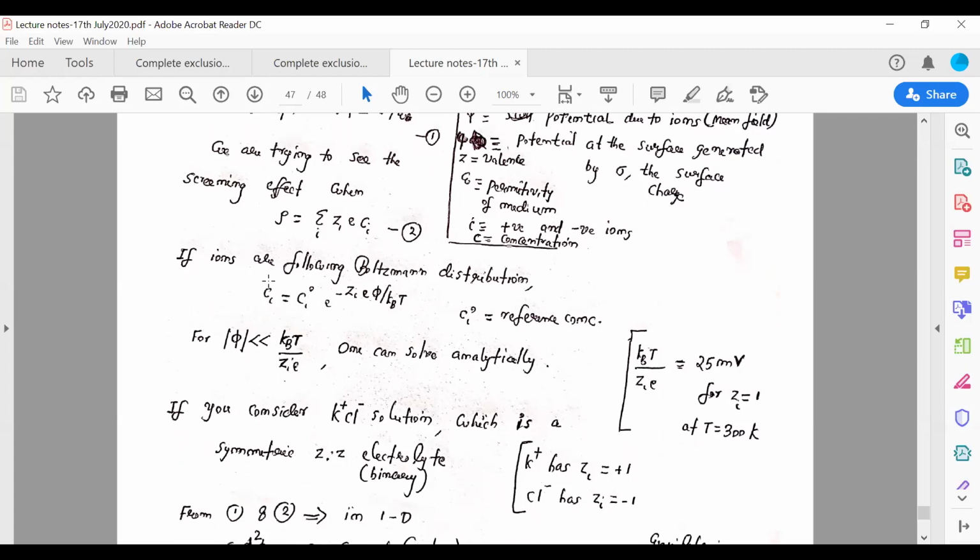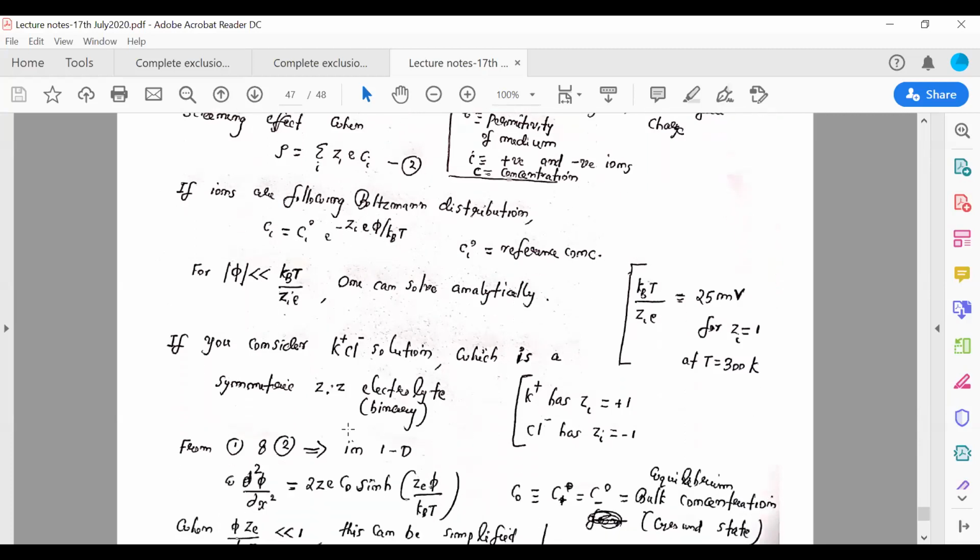Near the nano channel, this is affected. There is a distribution, and that distribution is governed by the potential and the temperature. At constant temperature, the concentration is affected by the potential of the surface charge.